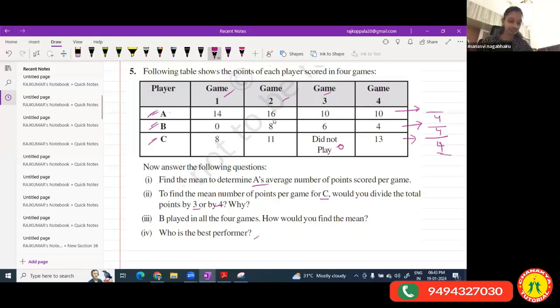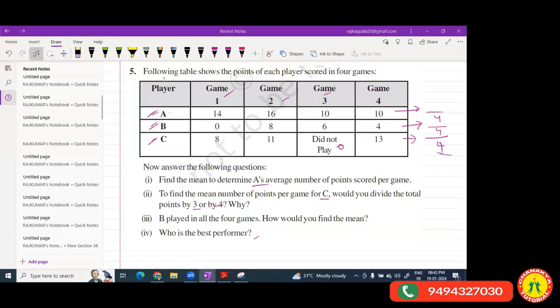Come on, do it. So we have to find the means of all of them. The means of all A, B and C. First one A, second one C, third one B.